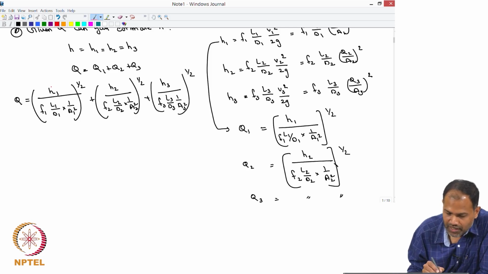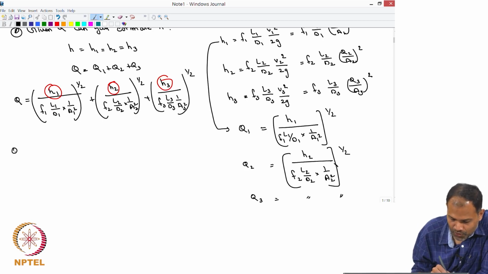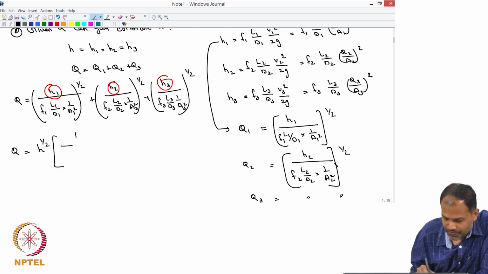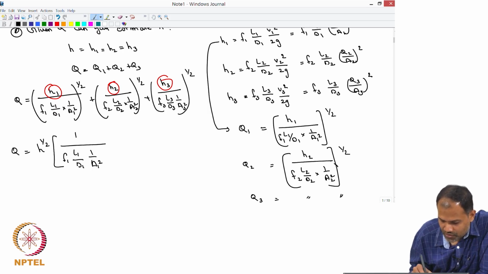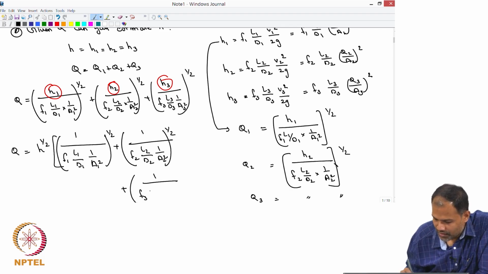But we know that H1, H2, H3 are equal, therefore I will write Q is equal to H to the power of half into 1 divided by F1 L1 by D1 1 by A1 square to the power of half, plus 1 by F2 L2 by D2 1 by A2 square to the power of half, plus 1 by F3 L3 by D3 1 by A3 square to the power of half.